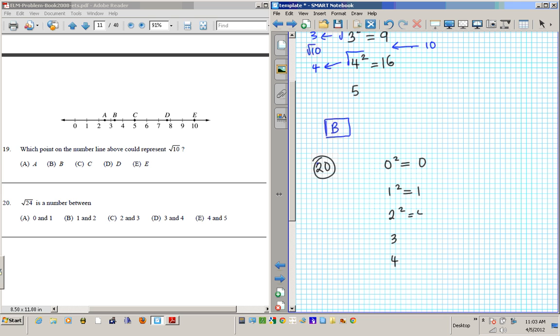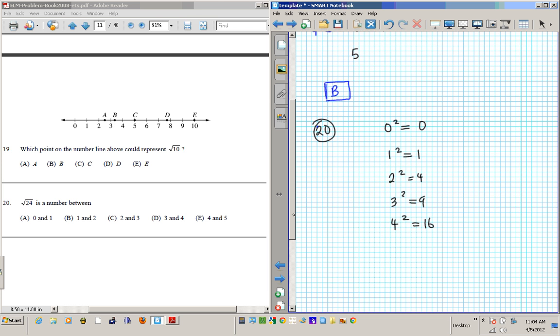When I square this, I get 4. 24 is not between this. When I square this, I get 9. 24 is not here. When I square this, I get 16. 24 is not between them. 5 squared, I get 25. Voila! 24 is between the square of 4 and the square of 5.